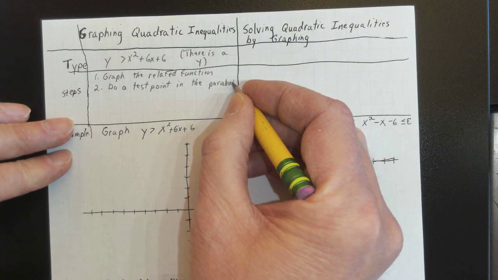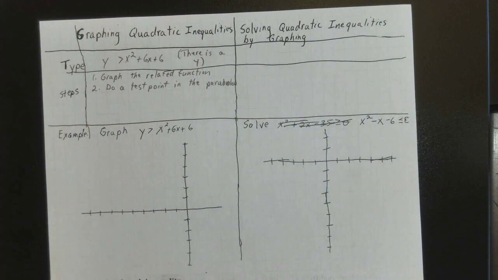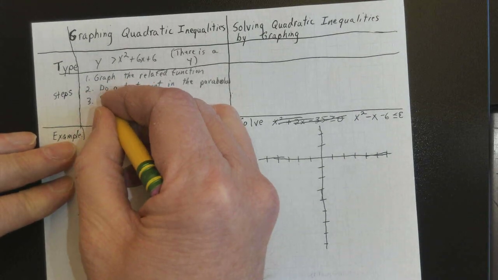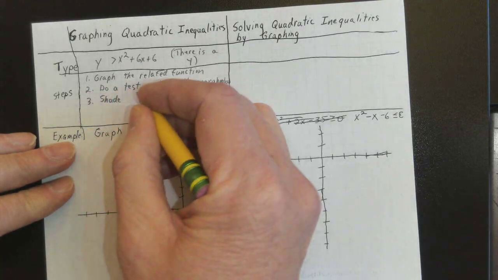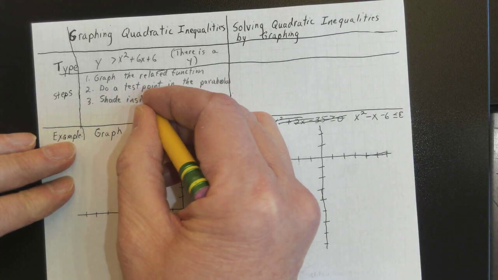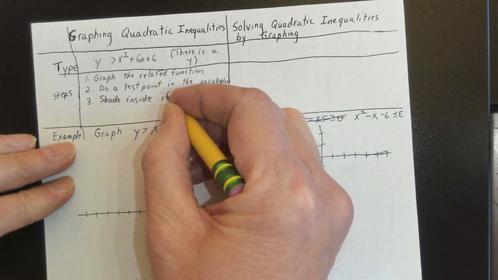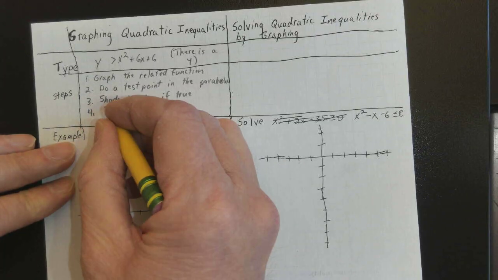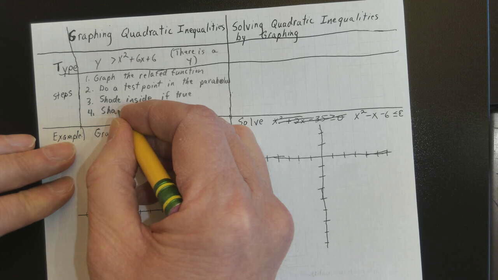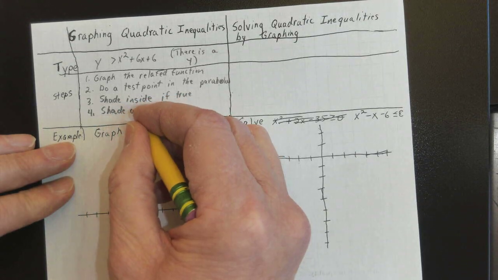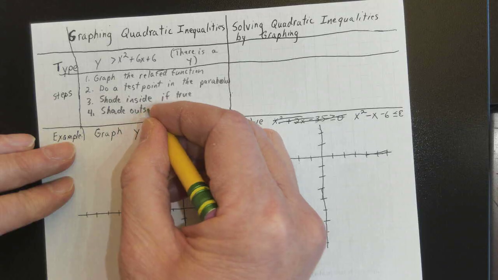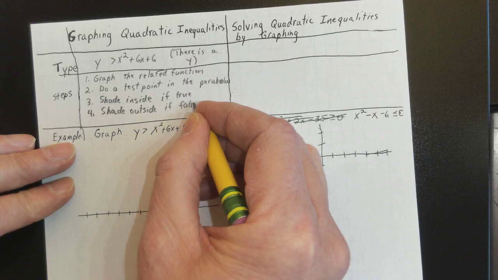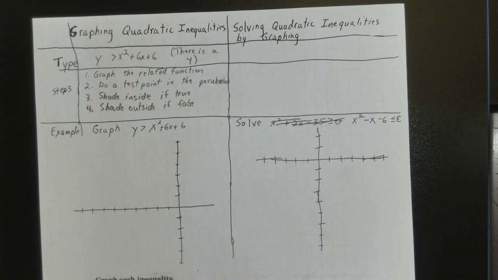You should be making a parabola. Do a test point in the parabola. Three, shade inside if true. You're testing to see if the inequality is true or not. And since your test point is in the parabola, we're going to shade inside if true, and shade outside if false. Okay, so that's a step-by-step on that.